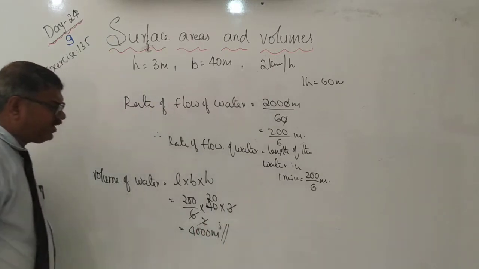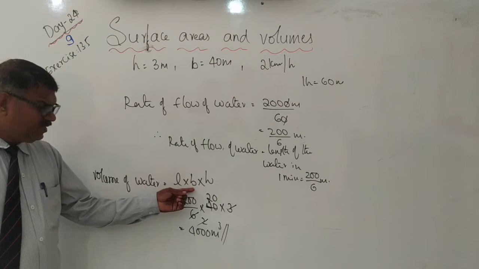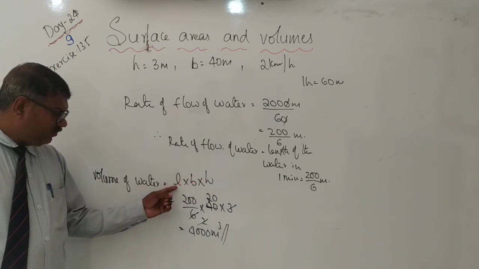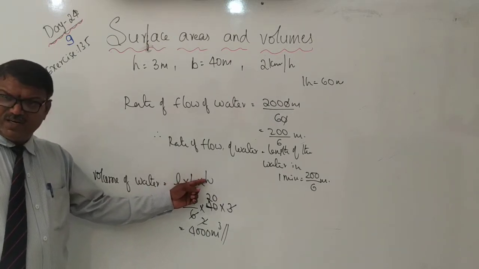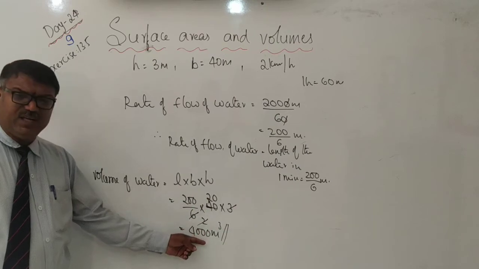Why meter cube? I told you, we are multiplying 3 times, so meter into meter into meter becomes meter cube.